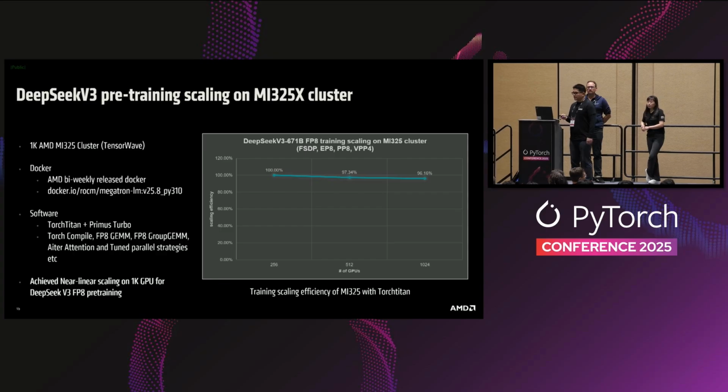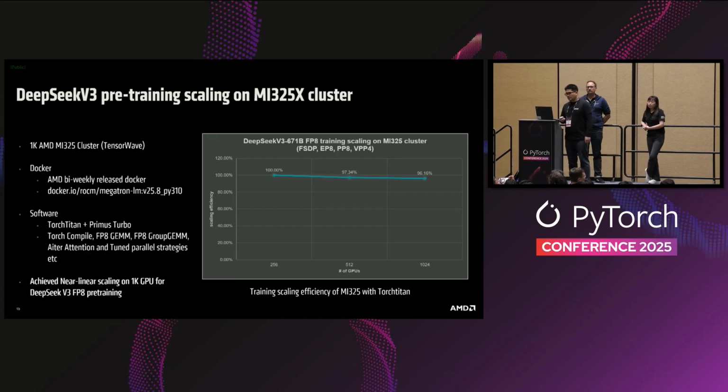If we look at the right figure, the x-axis is the number of GPUs that we scale up, and the y-axis is the training scaling efficiency. If we put the first setup as 100%, and we further scale to 4 times the total number of GPUs, we can achieve less than 4% drop.